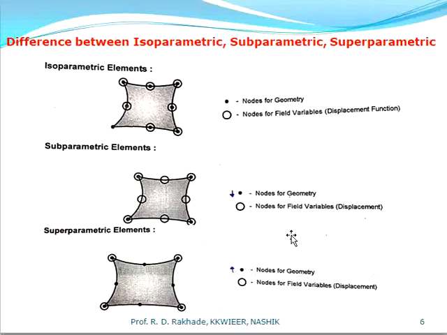So this is the basic difference. Simple: nodes of geometry equal to nodes of field variable. Sub: nodes of geometry lower than nodes of field variable. Third, superparametric: nodes of geometry higher than nodes of field variable.